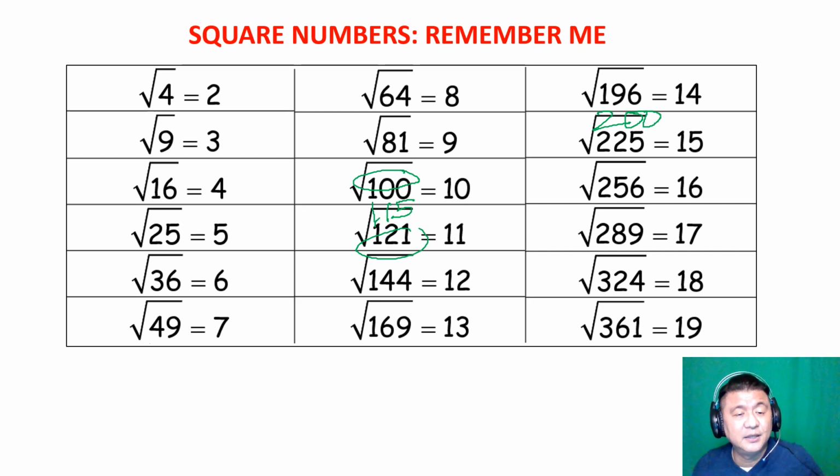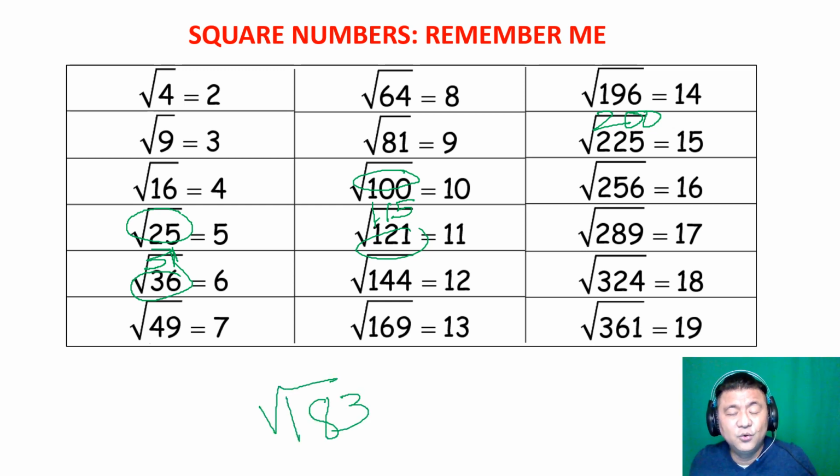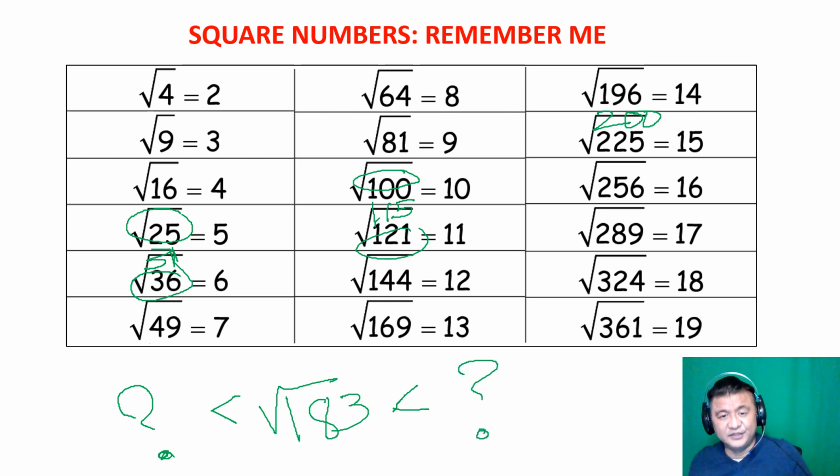Where is 31? 31 is over here, between these two. So remember that, some numbers are not perfect. For example, the square root of 183. Nowhere can you find the square root of 183 here, but you will know where it is located, between what square number and another square number.